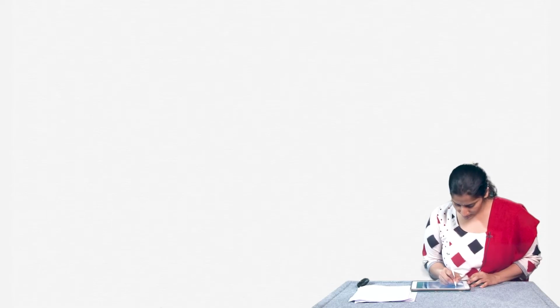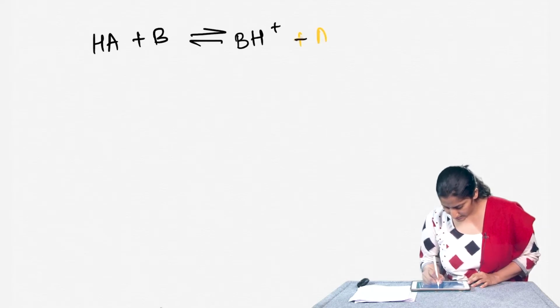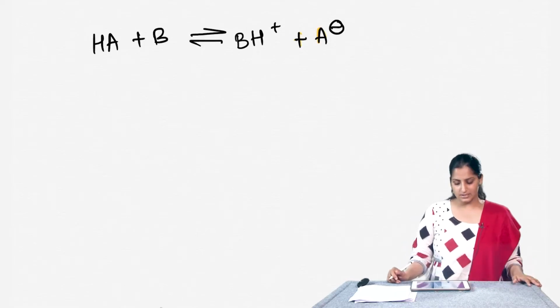So, now let us take a generic reaction. I am going to take HA plus B giving me BH plus A minus, right. So, this is a generic acid base reaction.